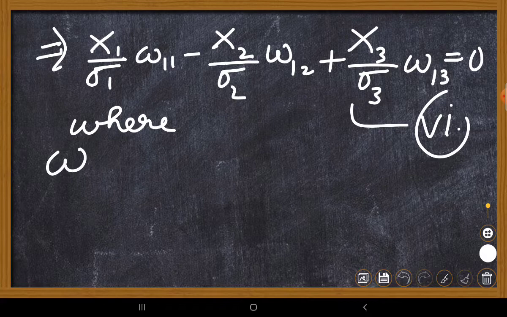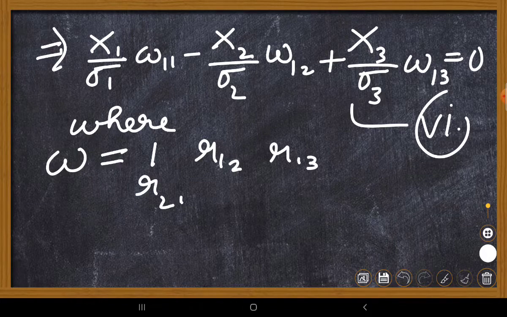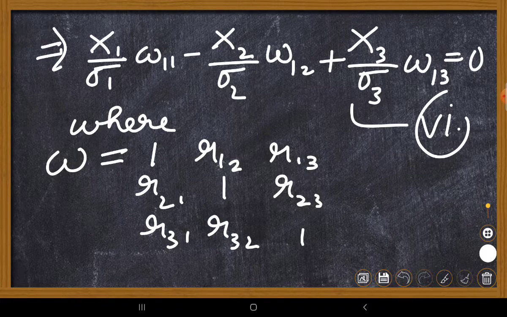In order to define this omega 11 and so on, we define a common determinant of correlations: 1, r12, r13, then r21, 1, r23, and then r31, r32, and 1.